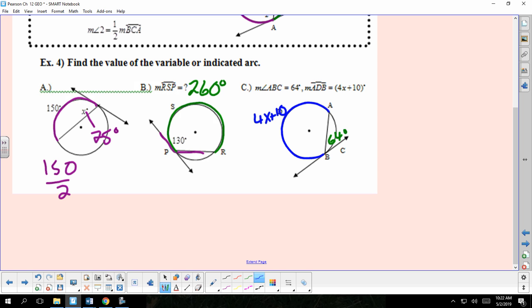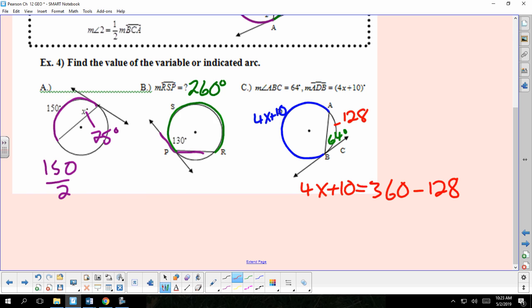I can solve this a couple different ways. Can I find the measure of this arc here? Sure, I'm going to double 64. That's 128. So ADB, that arc measures 360 minus 128. So 4x plus 10 equals 360 minus 128.